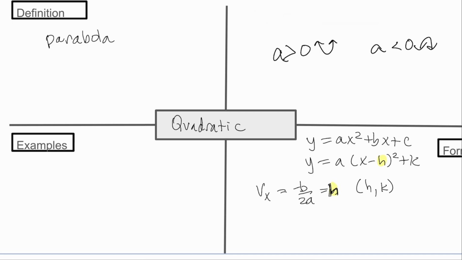So if the a is positive, it'll point up. If the a is negative, it'll point down. For the purposes of the video, we're going to come back to examples later on. All I need to see are those three things at this time.